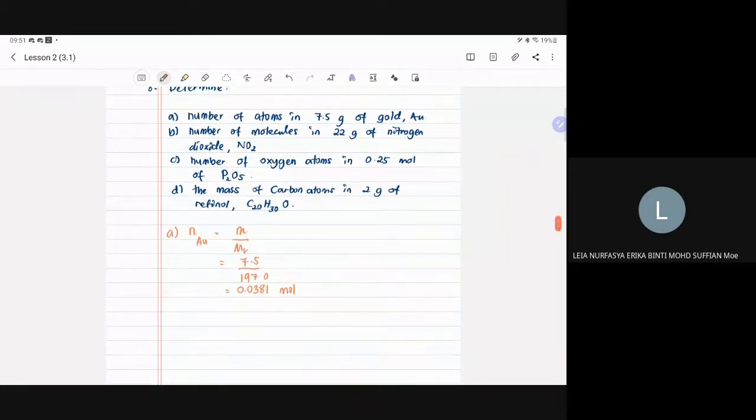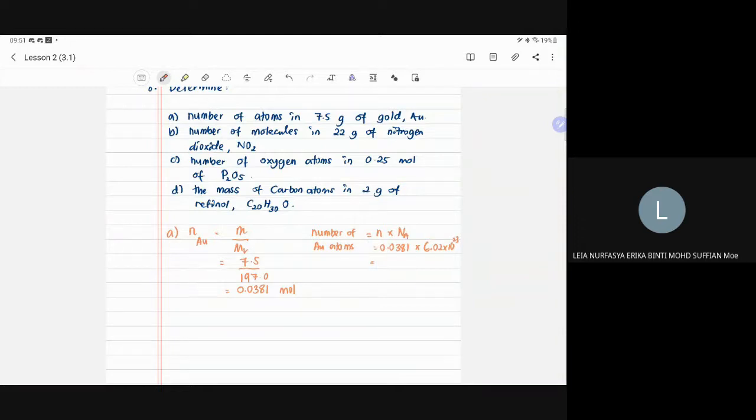Okay, ambil sebanyak yang boleh decimal places, significant figures, kurang-kurangnya 3. Okay, now we want to find the number of Au atoms. So number of mole direct by Avogadro's number. So we should get 0.0381 multiplied by 6.02 times 10 to the power of 23.